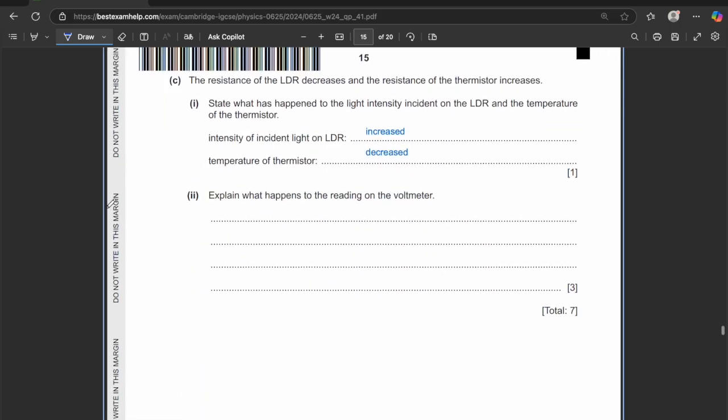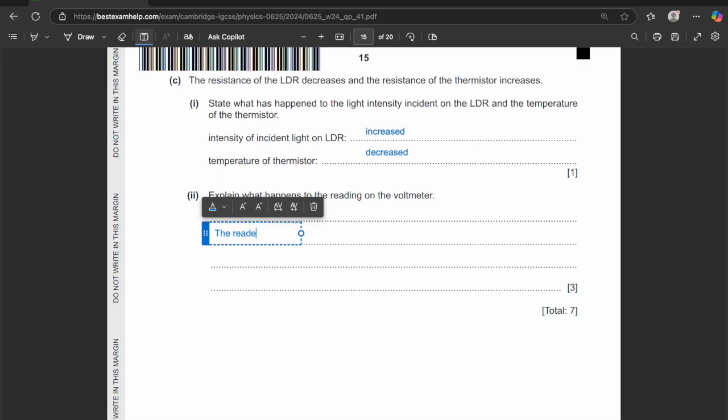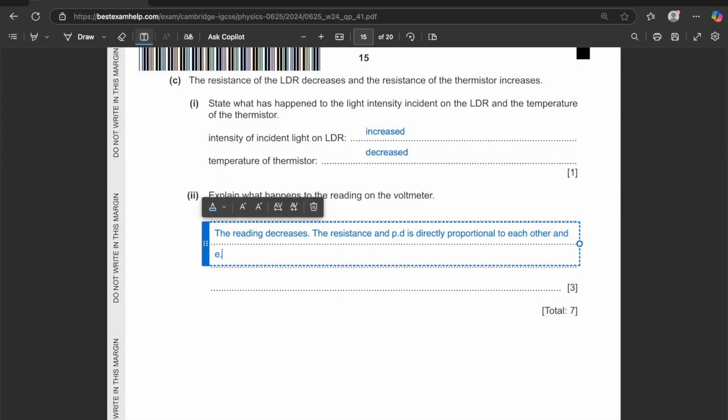So we can write that the reading decreases, and it is because the resistance and potential difference are directly proportional to each other, and EMF provided is constant.